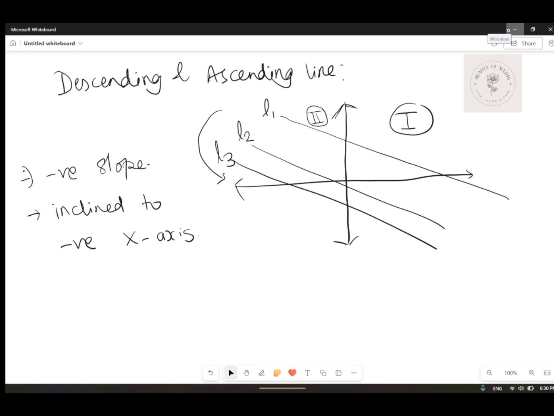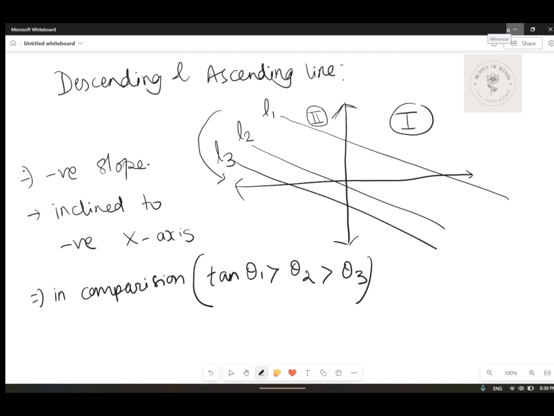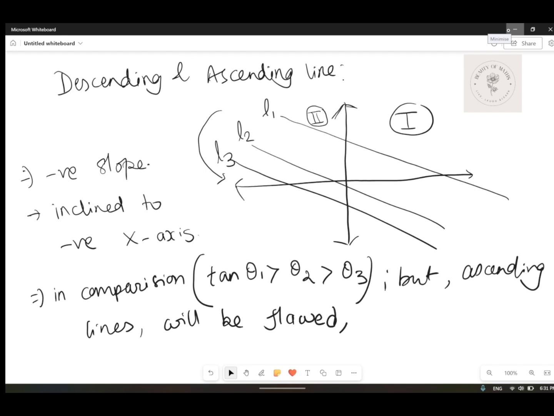In such lines, in comparison, we can say tan theta 1 greater than tan theta 2 greater than tan theta 3. But when we compare this to ascending lines, then our logic will be flawed. Why? Let's discuss.